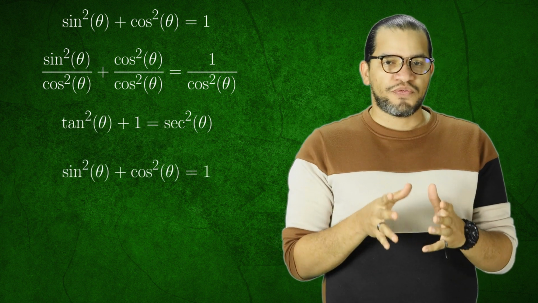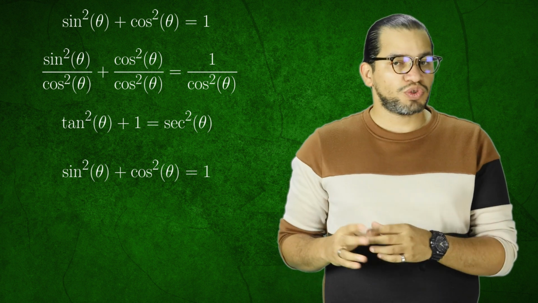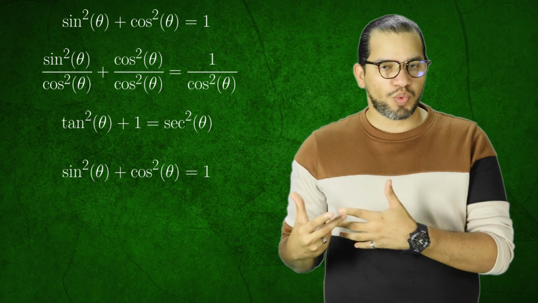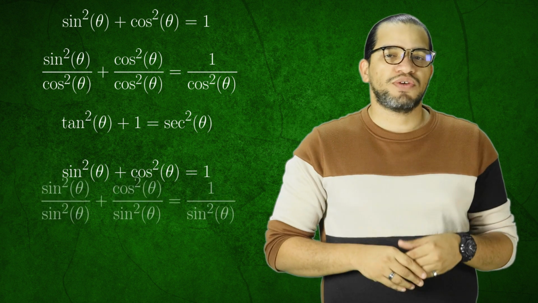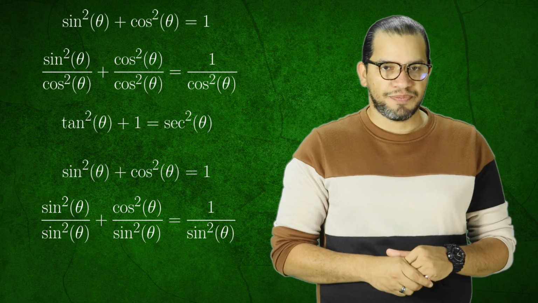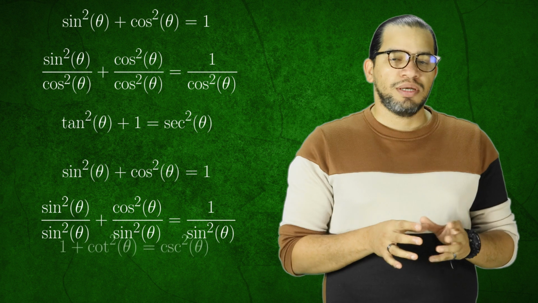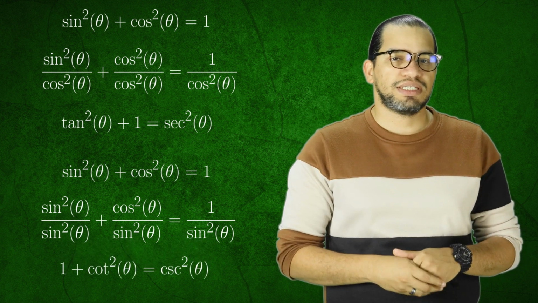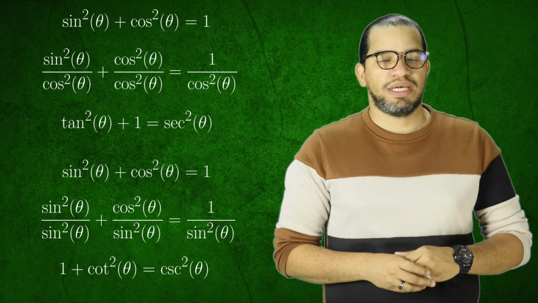And the final identity that we can get from the identity sine squared of theta plus cosine squared of theta equals 1 is by dividing both sides of the equation by sine squared of theta. If we do so, we get that 1 plus cotangent squared of theta is equal to cosecant squared of theta.